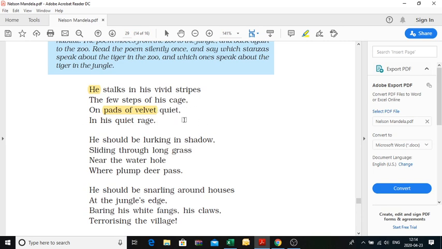Quietly, aaram se. So what are these 4 lines telling us? That he is walking there on his pads of velvet.